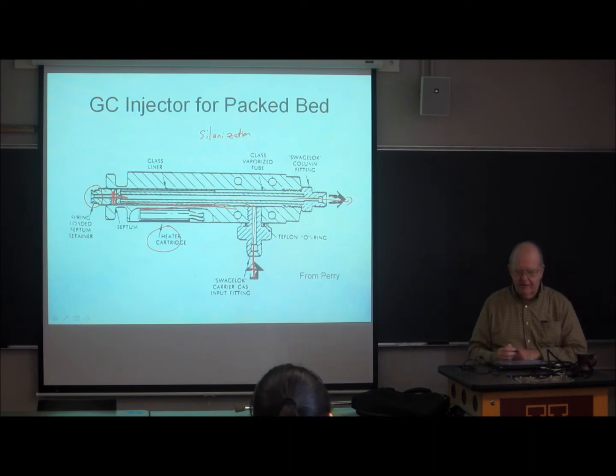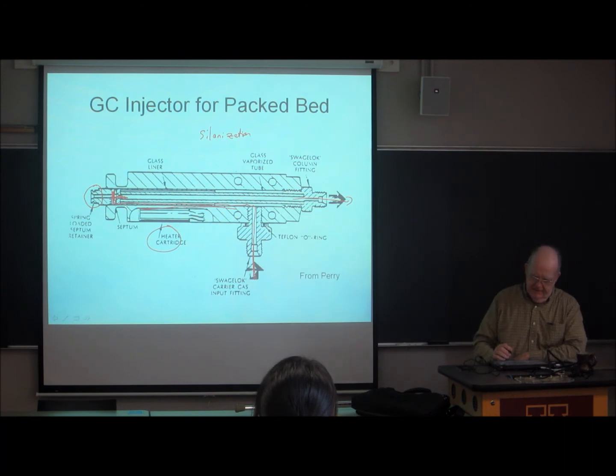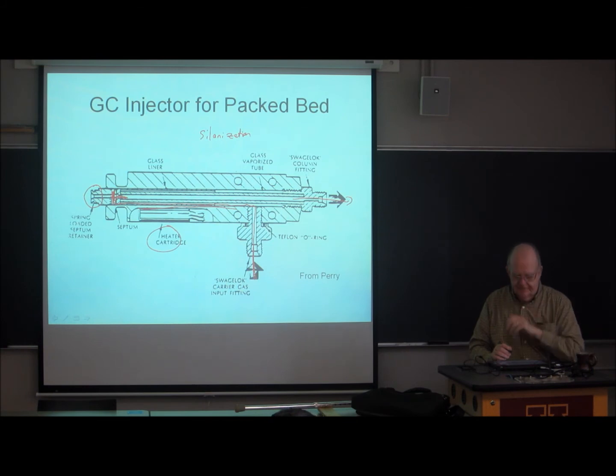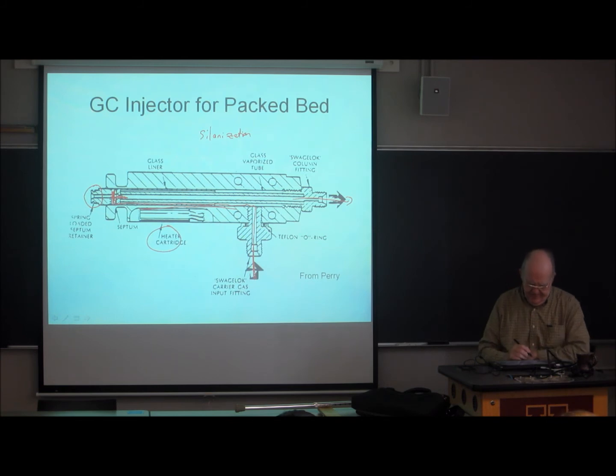And this chemically changes the surface of the liner to make it even less chemically active. And I'll tell you about the chemistry of this in a little bit. So that's the basic GC injector for a packed bed.